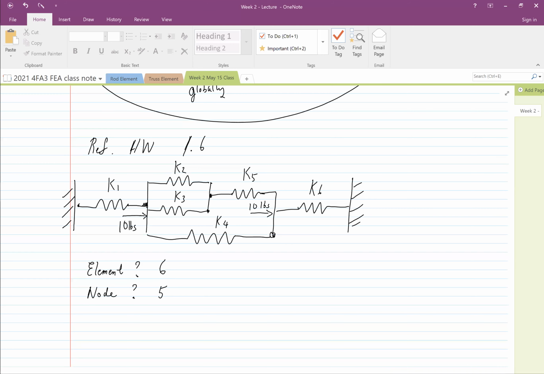Because K4 spans all of K2, K3, and K5. Is there some way that we could combine all that? Let's write it out. When in doubt, the best thing to do is write it out. Node 1, node 2, node 3, node 4, node 5.